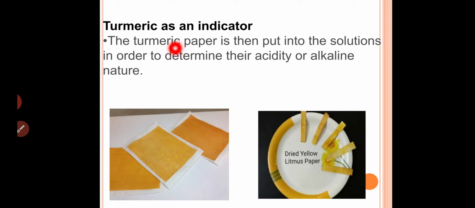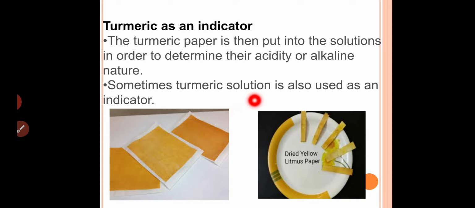The turmeric paper is then put into the solution. When we take turmeric litmus paper, we put it in a solution in order to determine whether it is acidic or alkaline in nature. So we test with this turmeric paper whether the substance is acidic or basic.